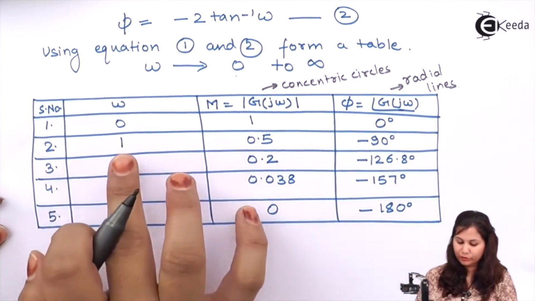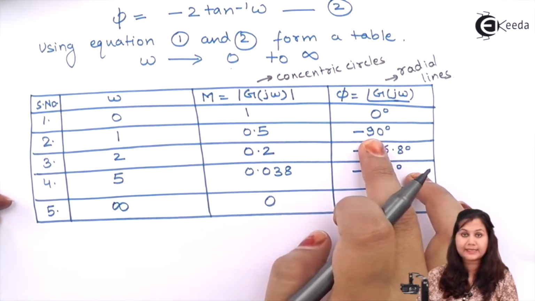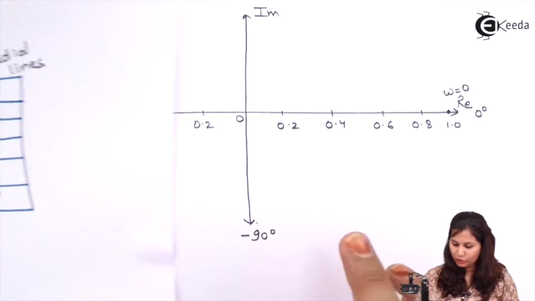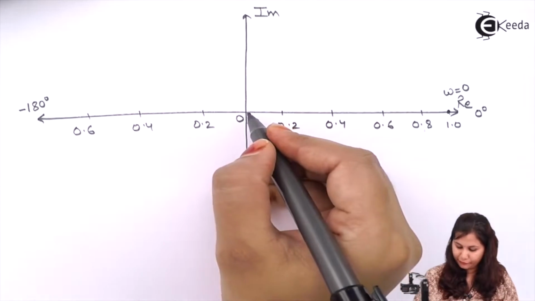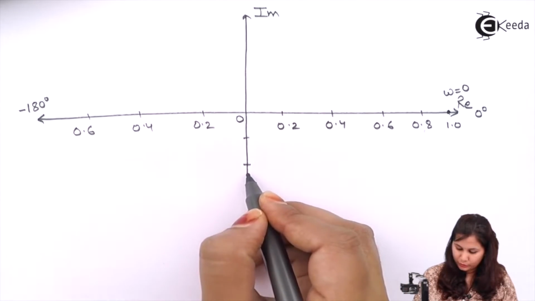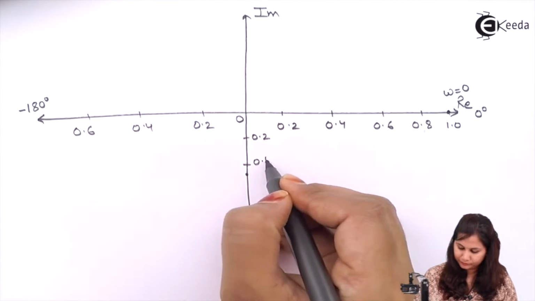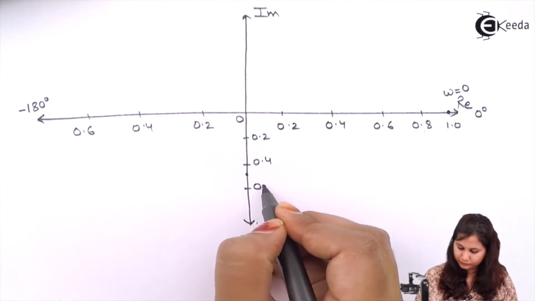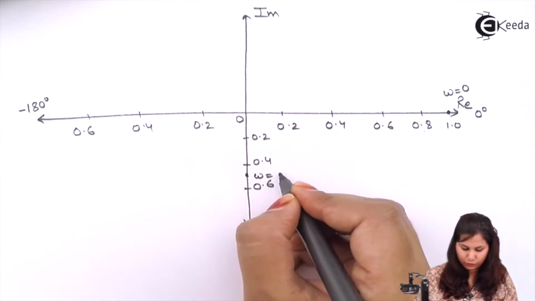Now for omega equals 1, the magnitude is 0.5 and the phase angle is minus 90 degrees. So minus 90 degrees here, and the magnitude is 0.5. This is 0.2, 0.4, so 0.5 will be somewhere here. So this is for omega equals 1.